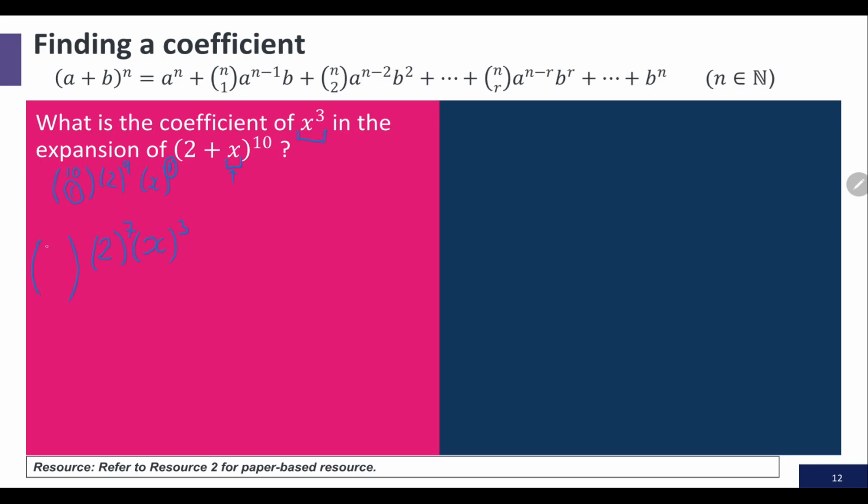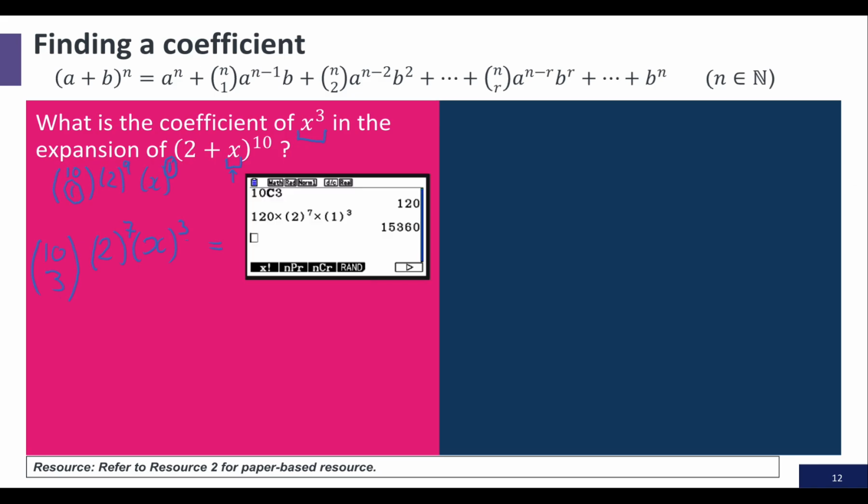And I'm going to be doing 10 choose 3, because that 3 matches that cube there. So all I need to do now in my calculator is do 10 choose 3, multiplied by 2 to the 7, multiplied by effectively 1 cubed. And there it is. A massive 15,360. And I'm just going to stop there because it asks for the coefficient, it doesn't ask for the term.